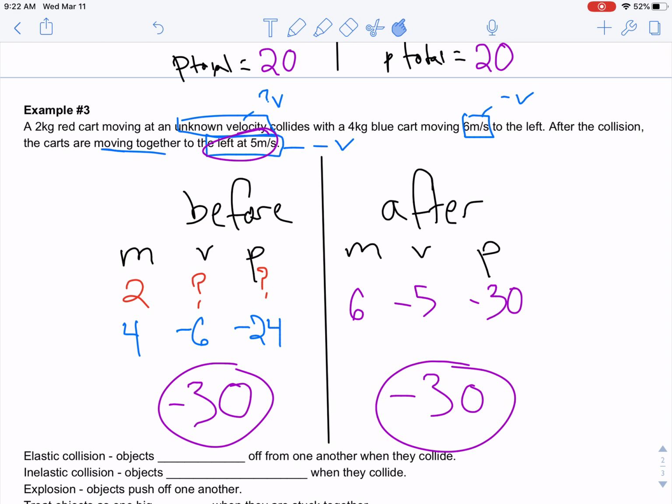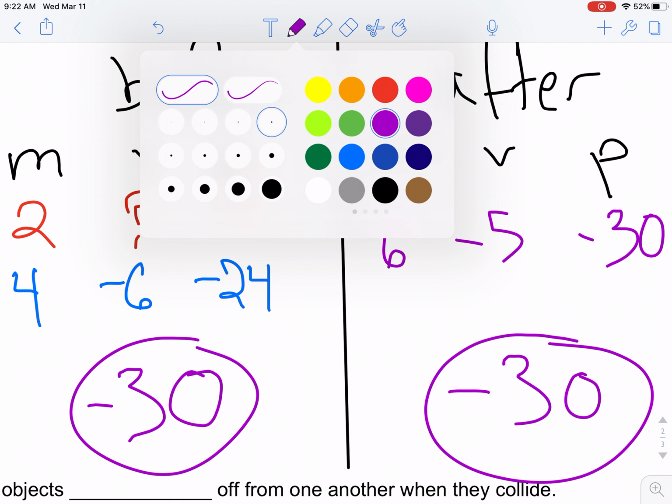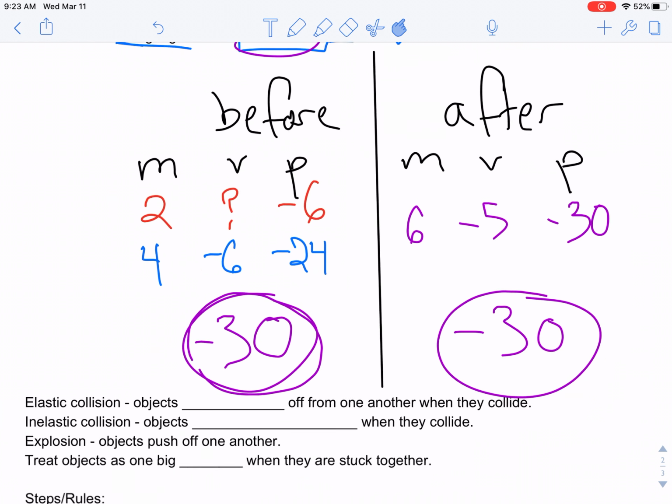So if together the momentum is -30 and the momentum of the blue car is -24, then you have to solve for what the red car's momentum is. And we know that -6 plus -24 equals -30.